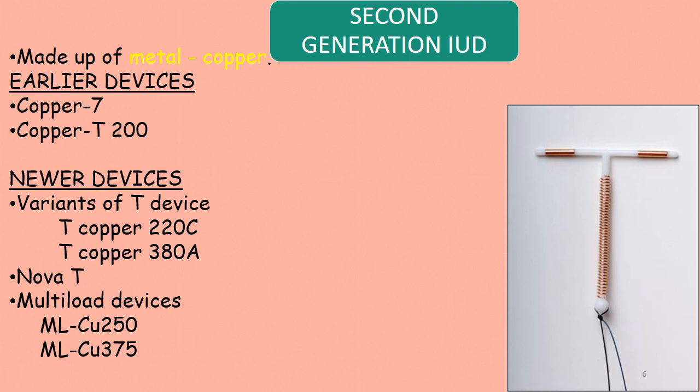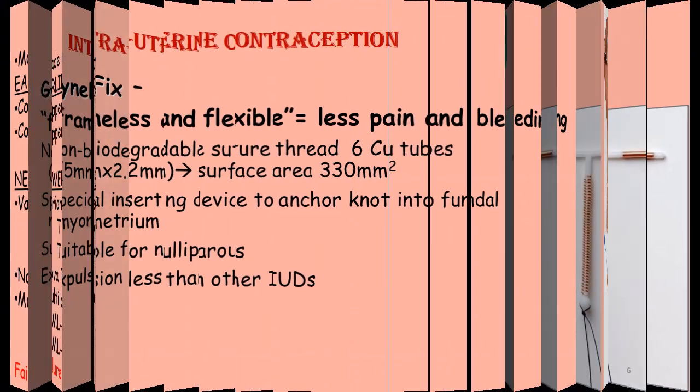Nowadays the most commonly used is copper T 380A. The failure rate is lower compared to the first generation, 0.8 per 100 women years.